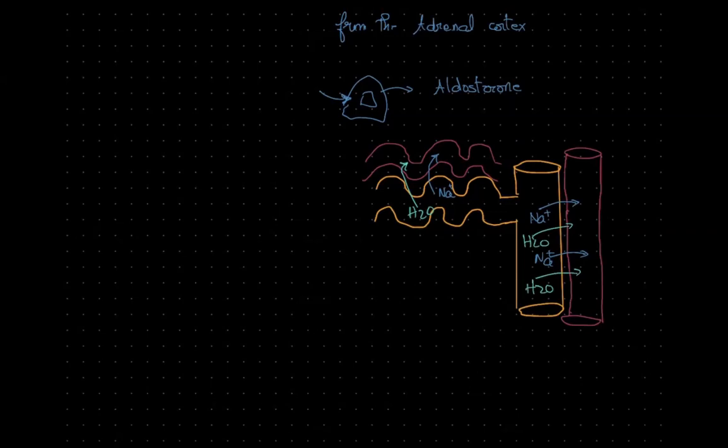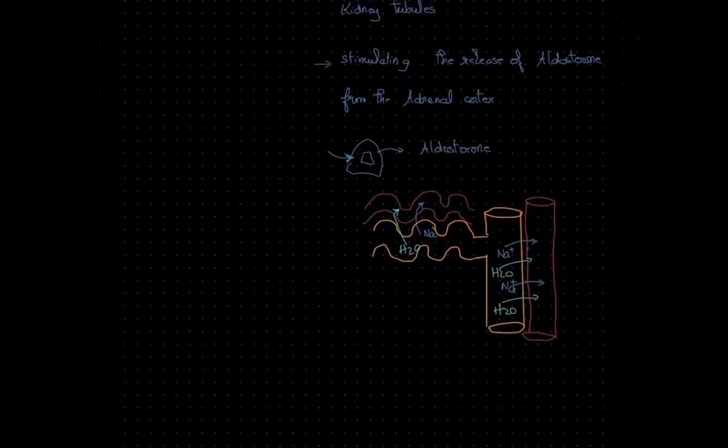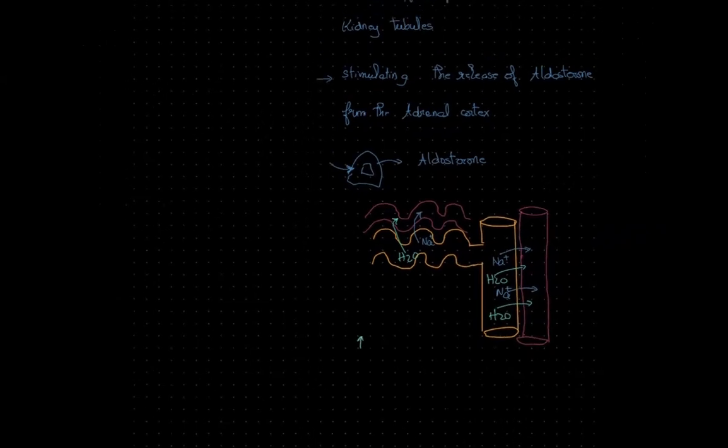As I recapture water and sodium that was about to be released in the urine, and move them back to my blood, this will increase my blood volume back to normal, and so my blood pressure goes up back to normal.